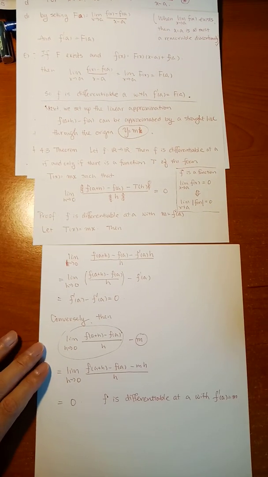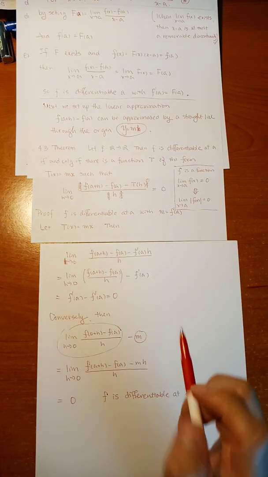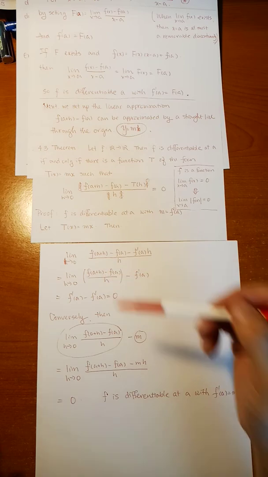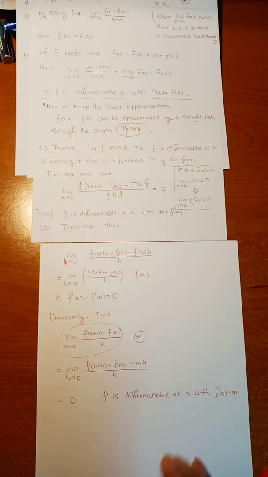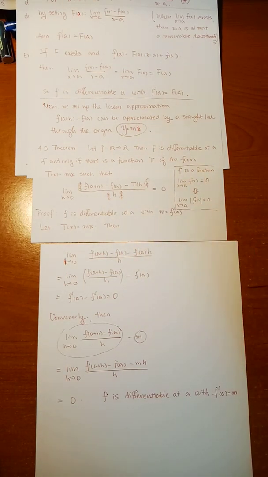So when we have a differentiable function, the difference can be approximated in a small region by a multiple of the difference of the variable.